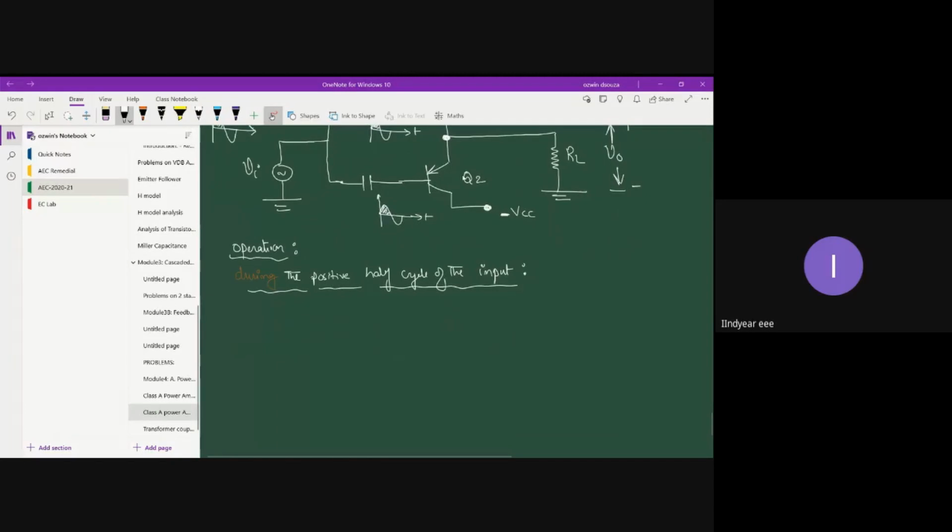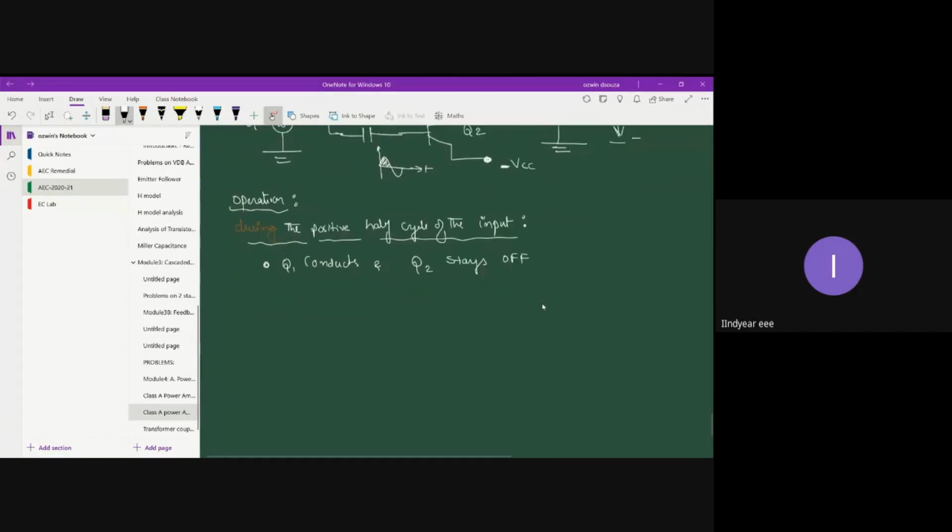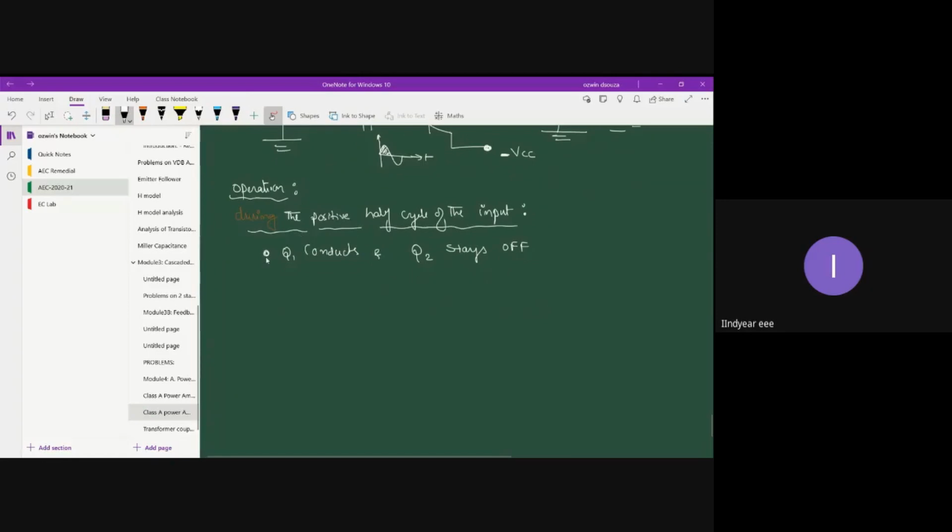So during the positive half cycle of the input, Q1 conducts and Q2 stays off, due to which the equivalent circuit looks something like this. Let me draw the equivalent circuit. So this is my input.